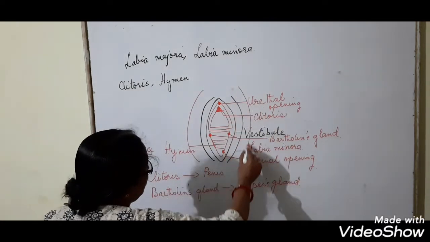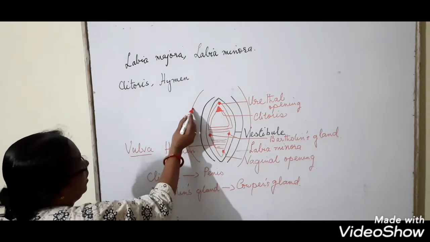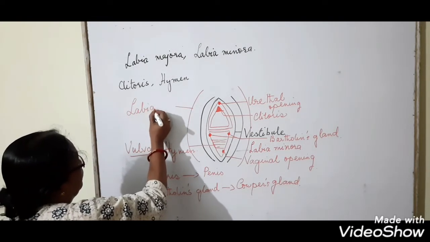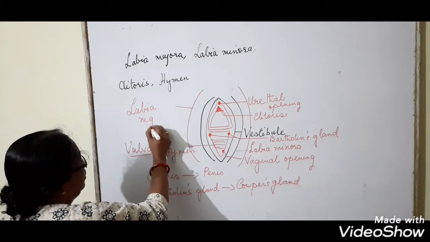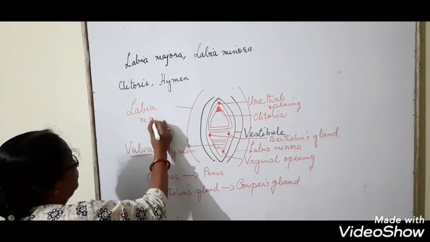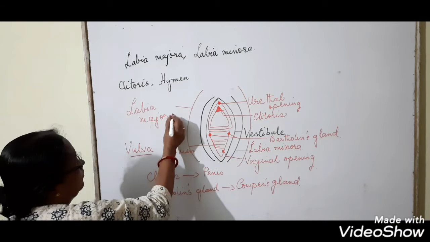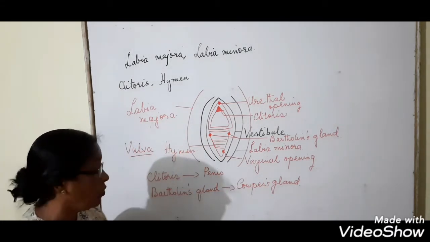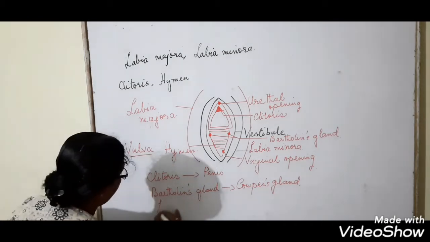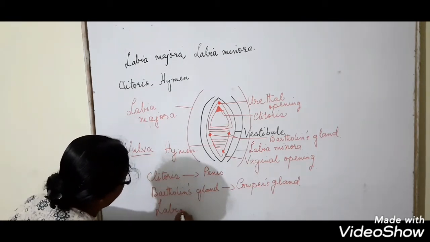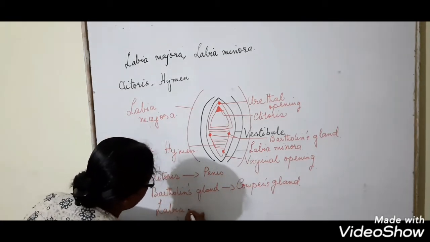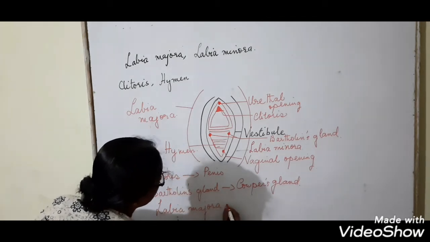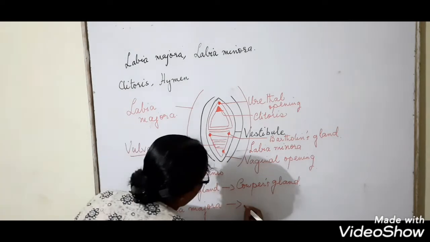The outermost covering is known as labia majora. Labia majora is homologous to the male organ called the scrotum.